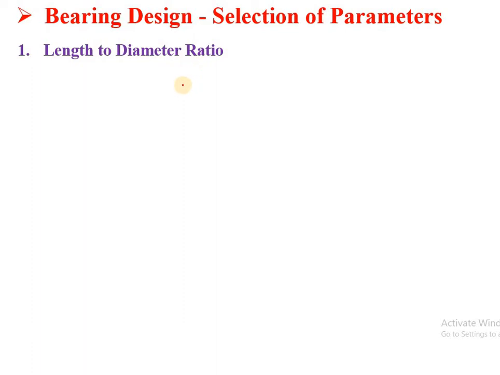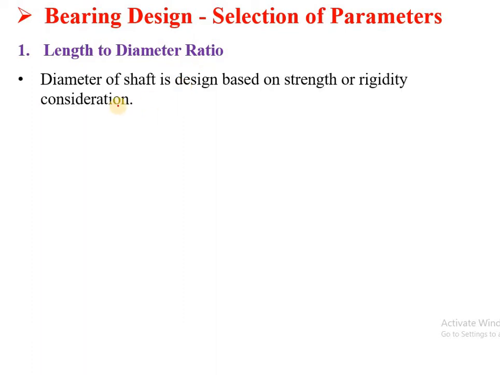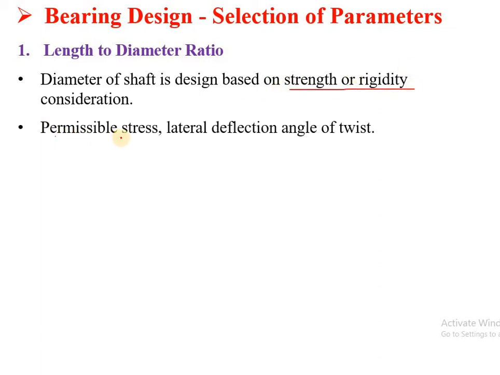In the case of a hydrodynamic bearing, the diameter of the shaft is designed based on strength or rigidity consideration. It is not designed based on the bearing capacity. It depends on permissible stress, permissible lateral deflection, and the permissible angle of twist.